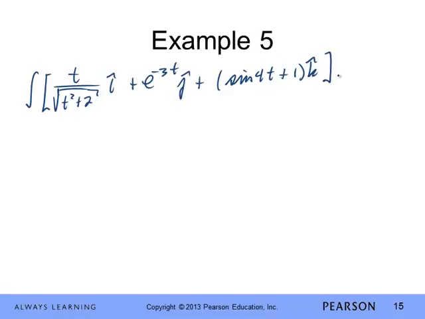All right, we're going to calculate the antiderivative of this vector valued function. Like you say, we just integrate each of the individual functions. So first of all, the integral of t over the square root of t squared plus 2. What is that? Can anyone tell me? How do you calculate that antiderivative?